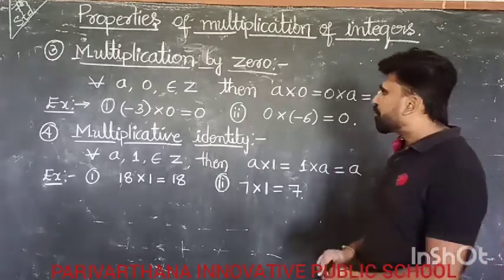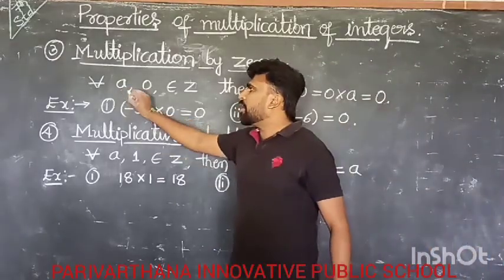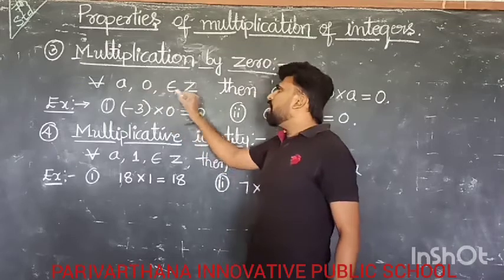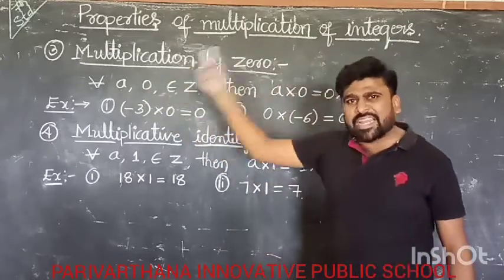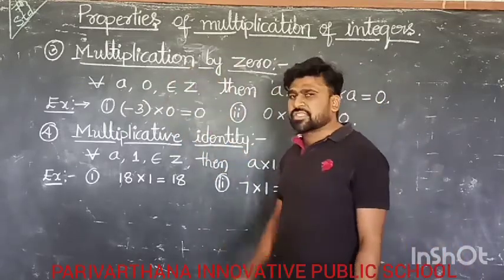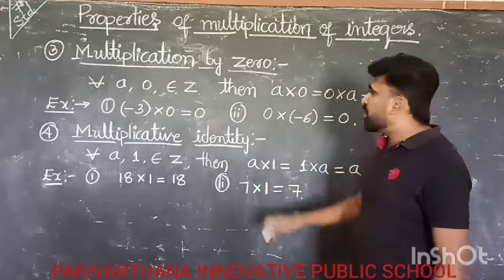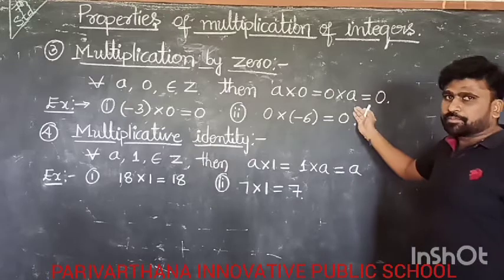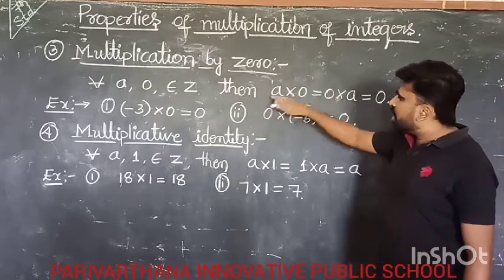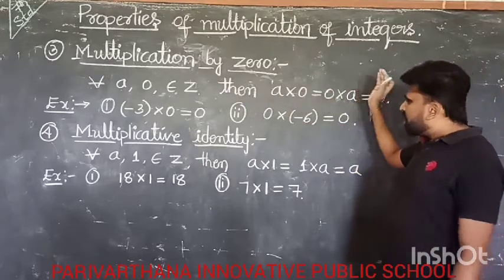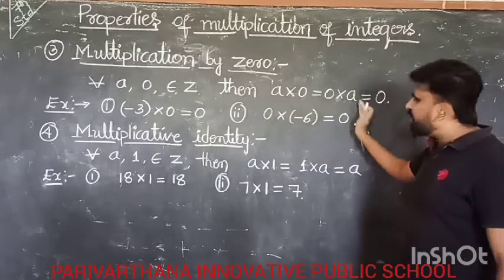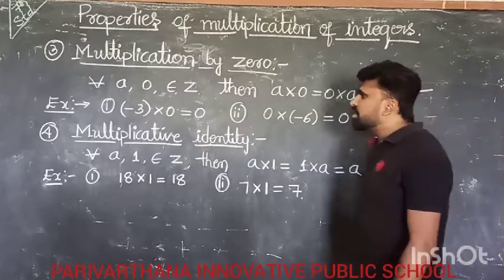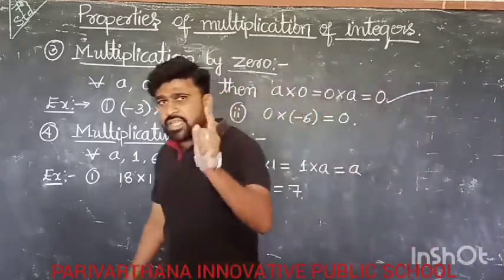This is the property. For all a, 0 belonging to Z, because a is any number we have taken and 0 belongs to the integers, then a into 0 or 0 into a. Whether you multiply a into 0 or 0 into a, the final answer is always 0.